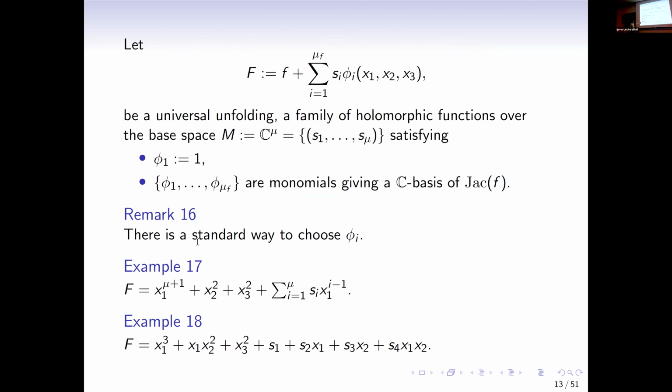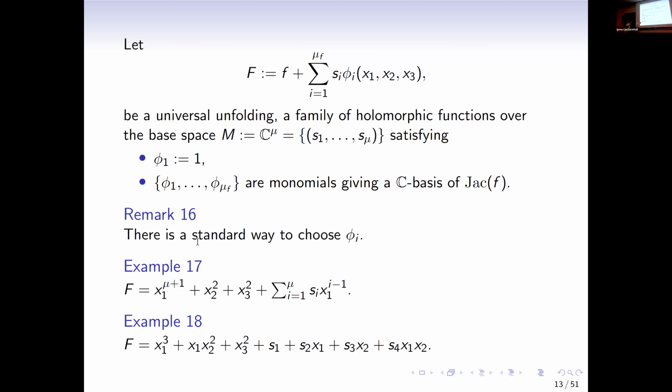Now I want to further explain a bit on the distinguished basis. So I deform small f in this way, and this is called the universal unfolding. By M I denote the parameter space, and this is chosen so that the conditions are satisfied.